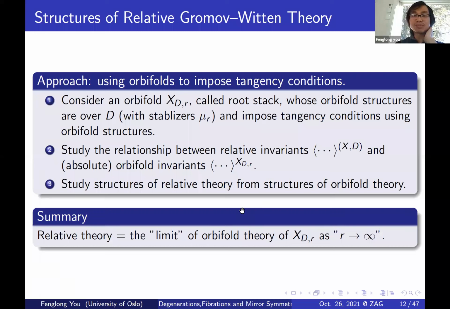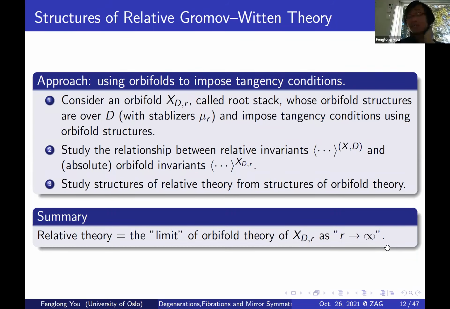In summary, the approach is that we can consider relative Gromov-Witten theory as a limit of certain absolute orbifold theory, the root stack X_{D,r} when r goes to infinity.